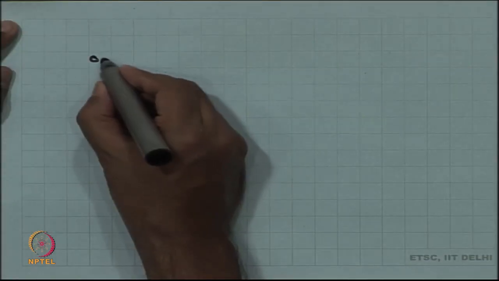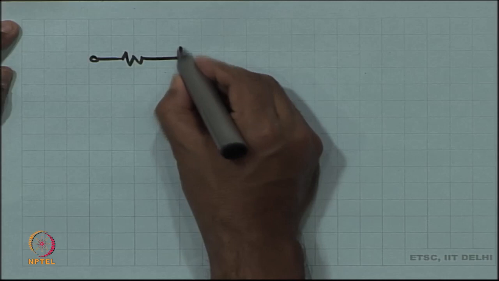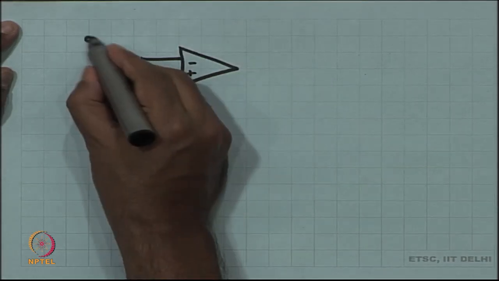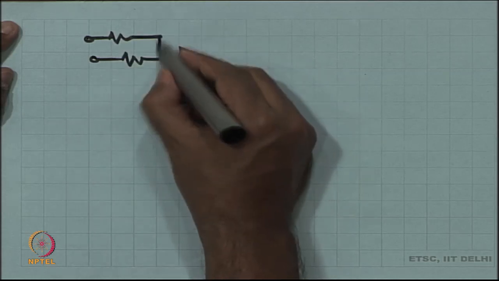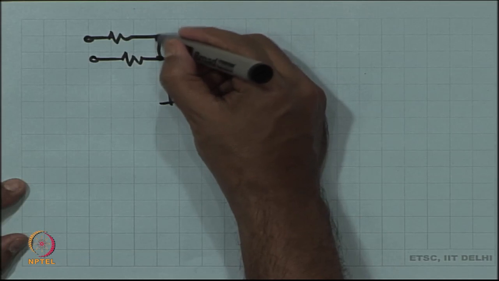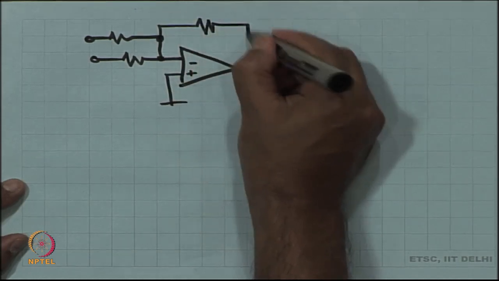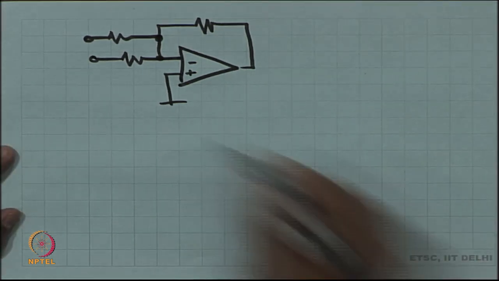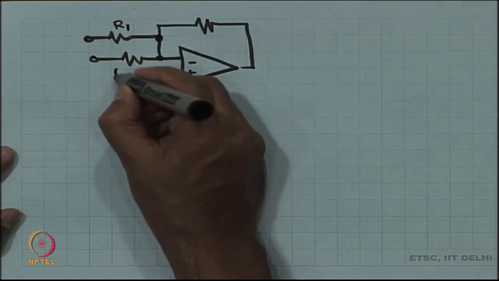So, the adder circuit was, right. So, you add two currents and then push it through a feedback resistor. So, this was basically the idea.